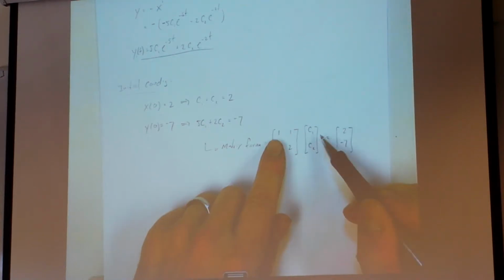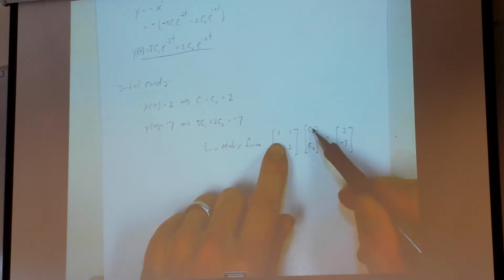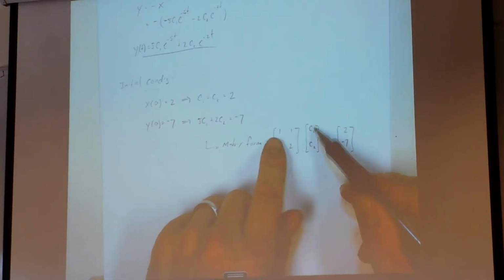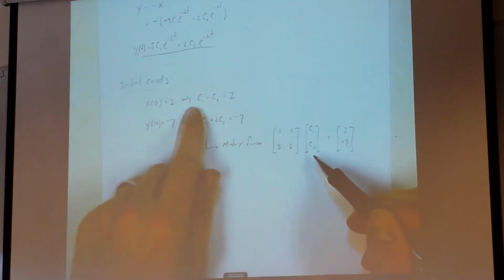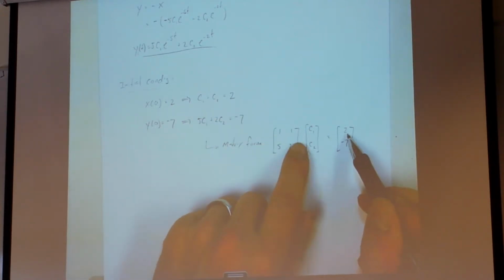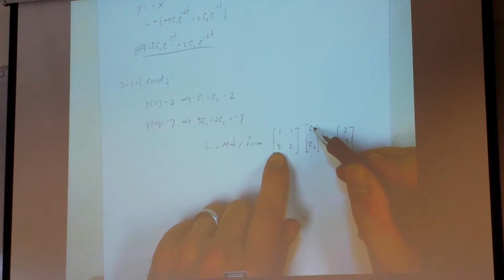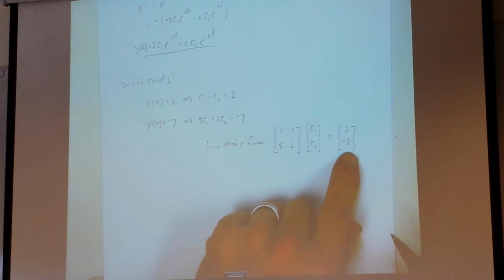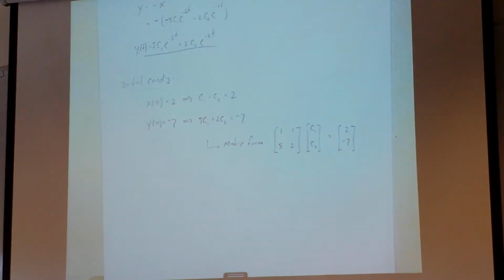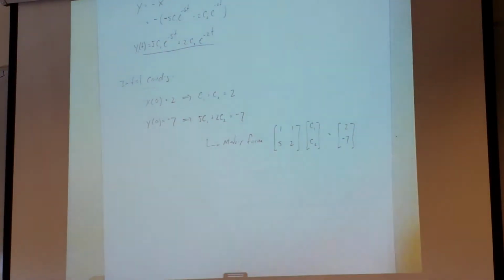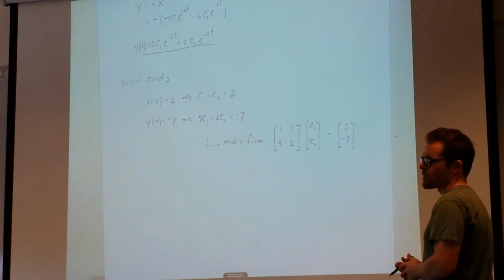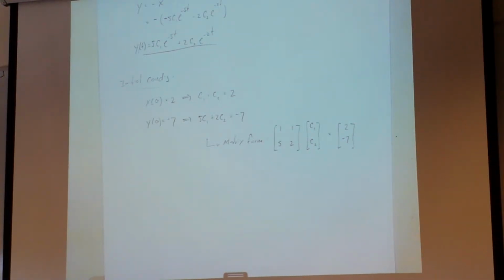If you've seen multiplication with a matrix and a column vector, it's just the dot product of each row with this column. 1C1 plus 1C2 gives us that equation back, equals 2. 5C1 plus 2C2 equals -7. So this is written as a matrix equation. Don't worry, we're going to do an intro into matrices and operations after a break.